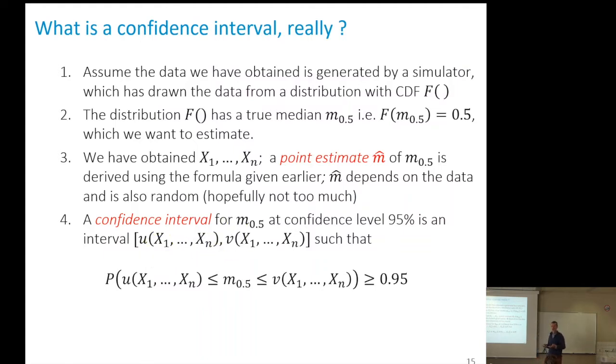Well, it is truly a confidence interval with some confidence level, for example 95%, if it is true that whatever you do, the probability that the true value is in the interval is at least 95%. That is what is meant by a confidence interval. So the true value will be within the bounds with that probability.